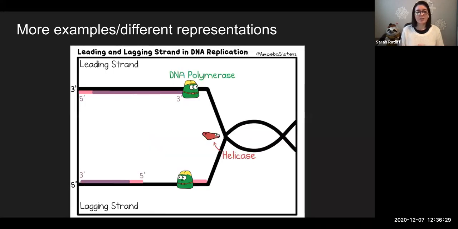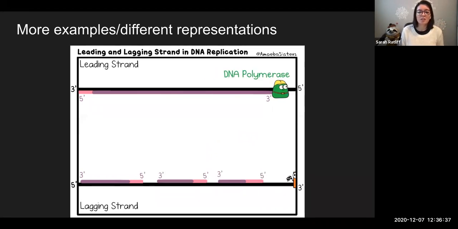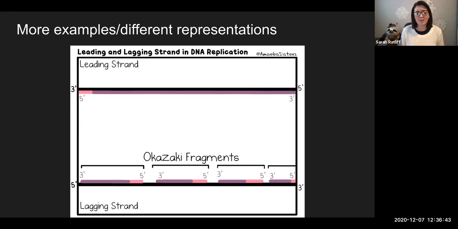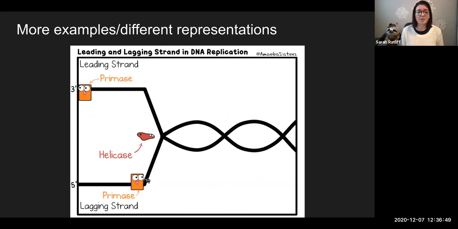Here's a different look with our amoeba sisters. The helicase is unwinding our DNA. Our leading strand is on the top. It's just chugging along, going one continuous strand. On the bottom, in pink is our primase. In purple is our DNA ligase additions.